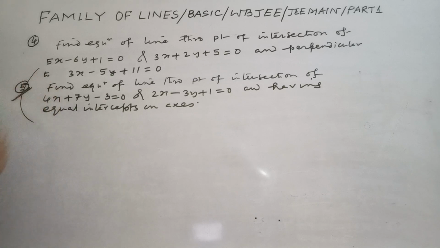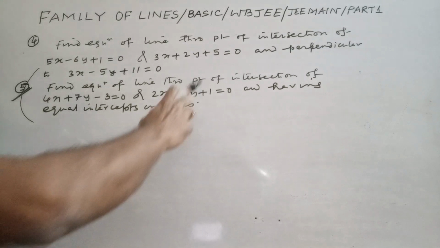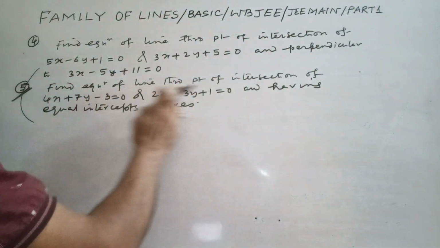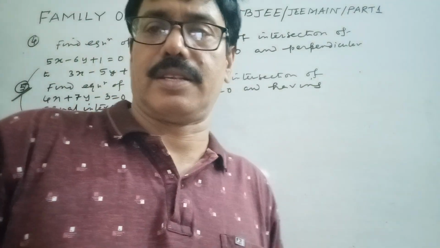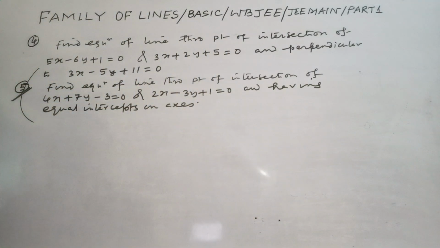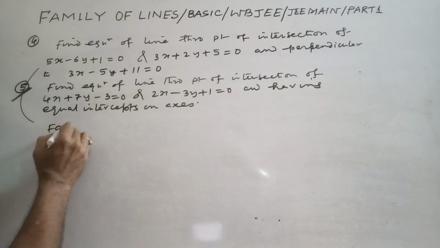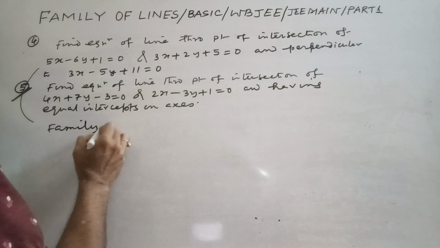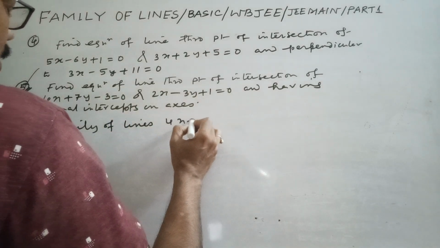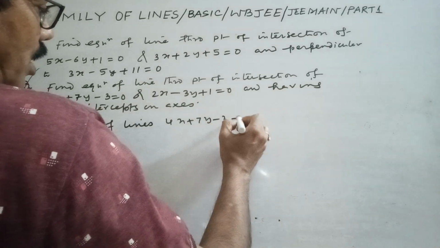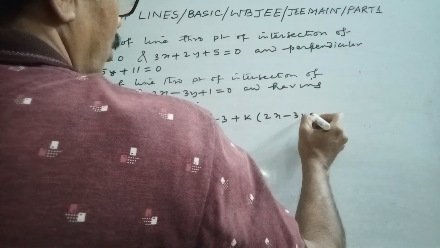Now problem number 5. Equation of line through the point of intersection of these and having equal intercepts on axes. So family of lines. So first equation, so all the terms are on the left hand side, k into the second equation.